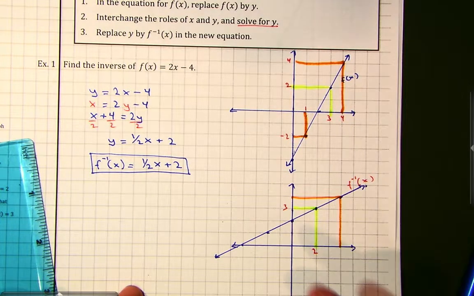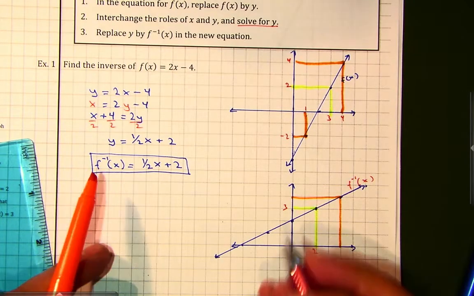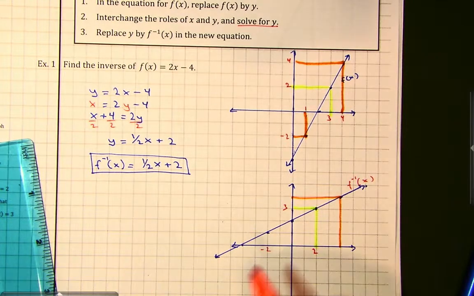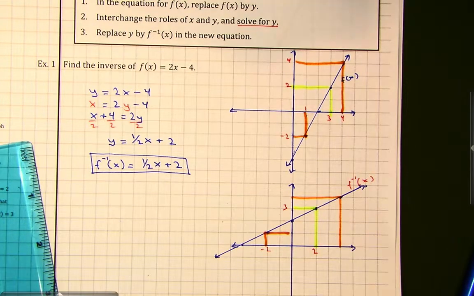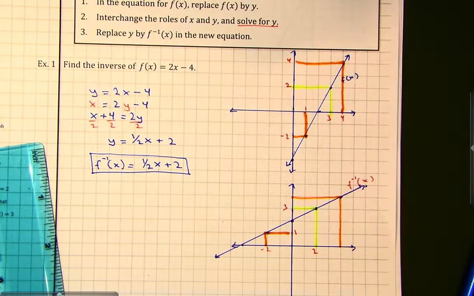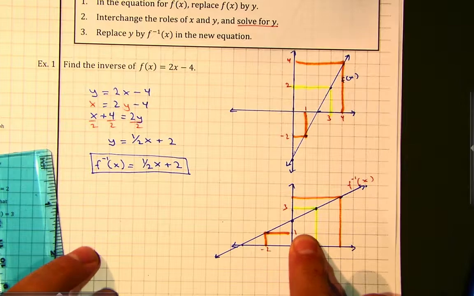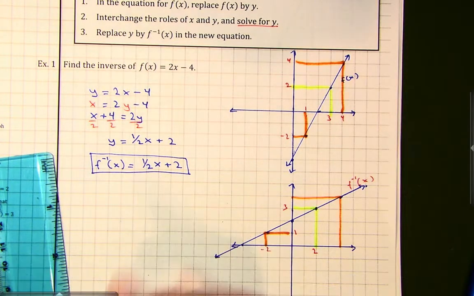And if I plug in a -2 over here, I should end up with a 1. So it will undo each other. So whether it's graphically or algebraically, the operations will undo each other.